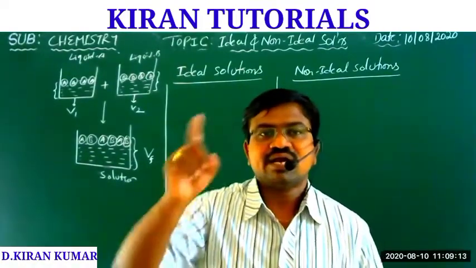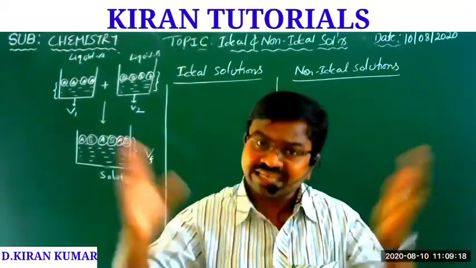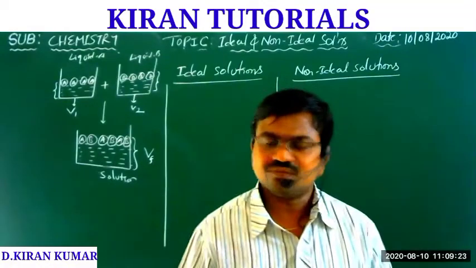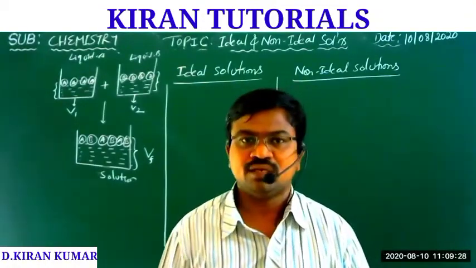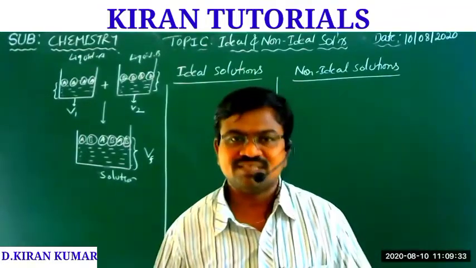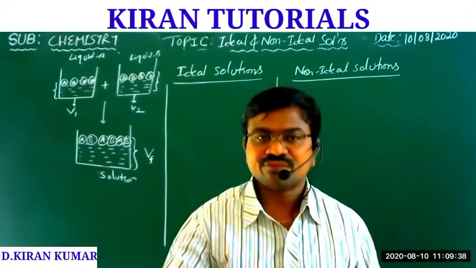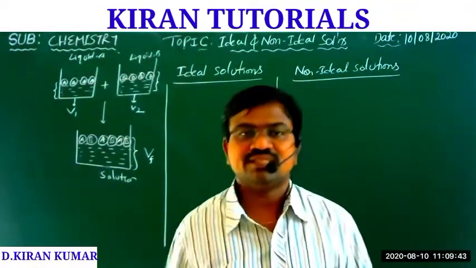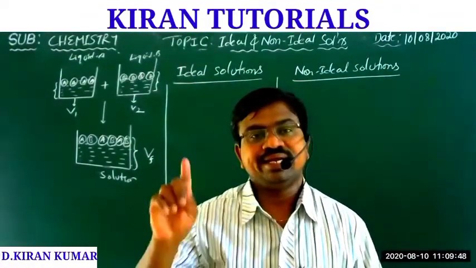Then it is called an ideal solution. In all cases, V1 plus V2 equal to Vf is not possible. If V1 plus V2 is equal to the final volume, then it is called an ideal solution.